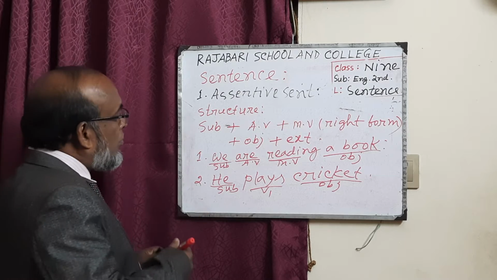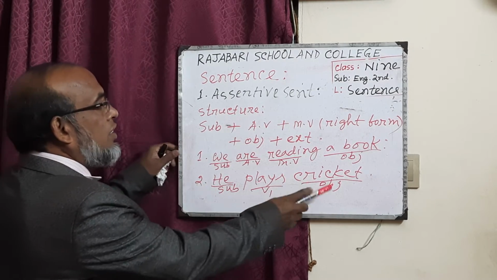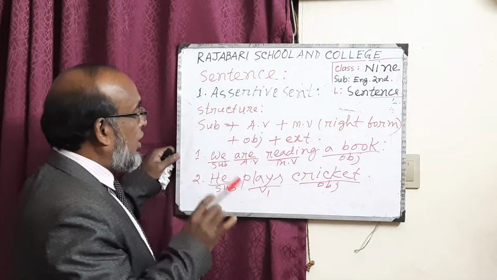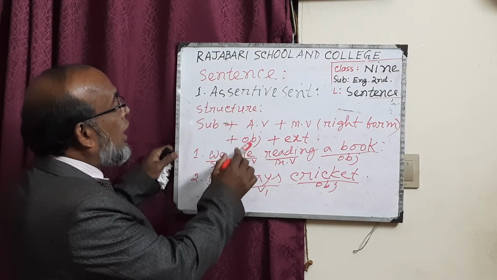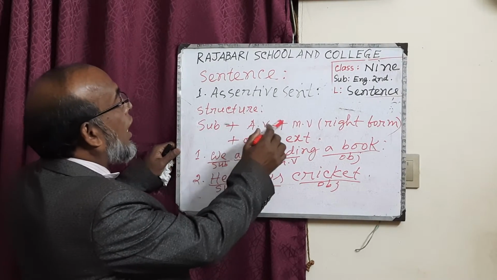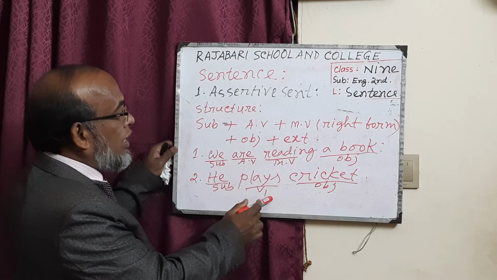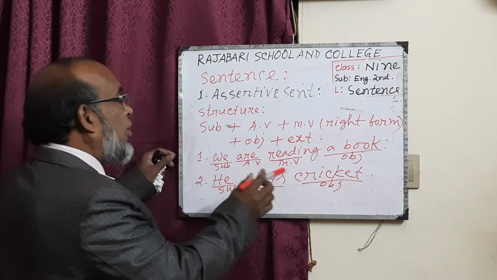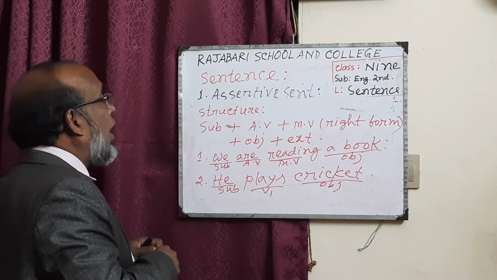I have written a sentence by following present indefinite tense. This is why here auxiliary verb is no need. Here structure will be subject and then main verb of present form and object. This is how you can make assertive sentence.